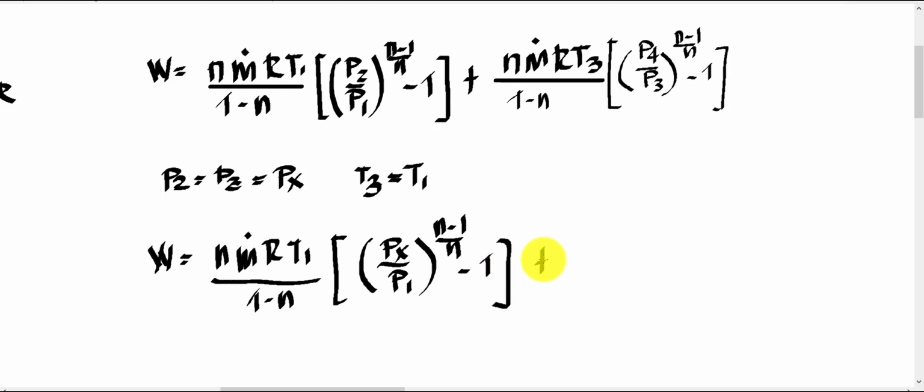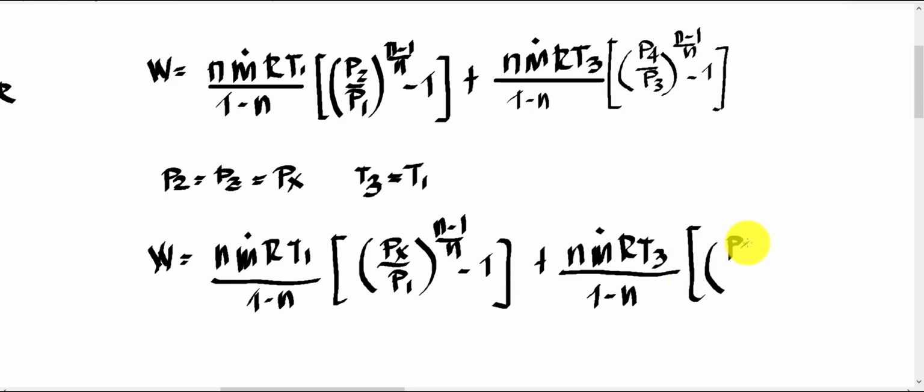Then plus N, mass flow rate, R T3, divided by 1 minus N. Then we're going to multiply this with P4 over the value of P3, which is equal to Px also, raised to N minus 1 over N, minus 1.